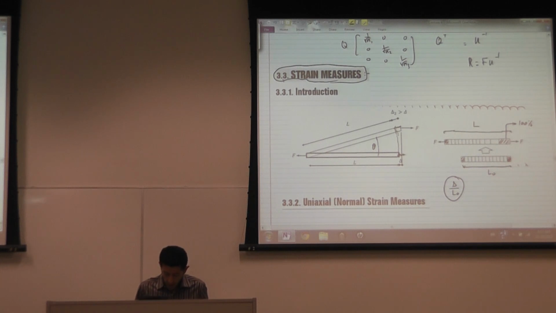Because if I'm measuring this delta divided by L, it's different from if I measure this extension in the bar. If it's rotating, I have to be careful what I'm measuring. So these have to be taken into consideration whenever I'm performing a three-dimensional analysis of strain.